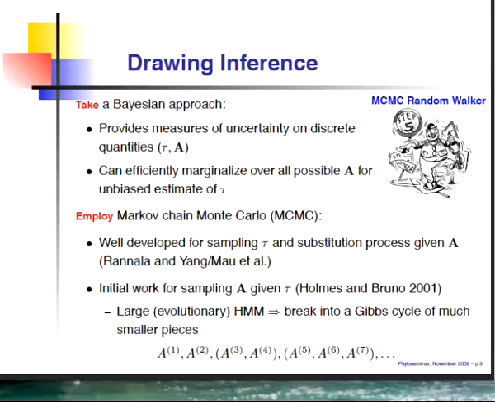And one of the reasons I'm going to do that is so that I can get natural measures of uncertainty on these very discrete, very complicated objects, the topology or the evolutionary relationships amongst the sequences, and the homology statements themselves.